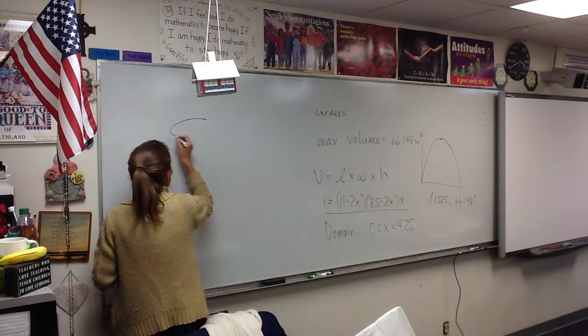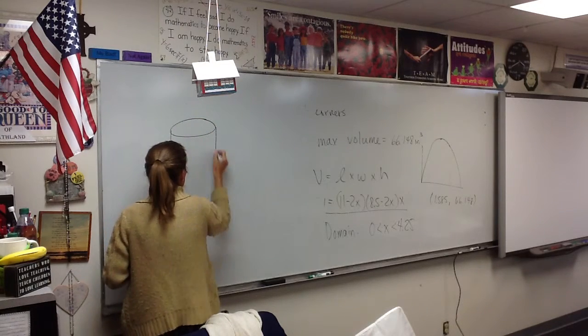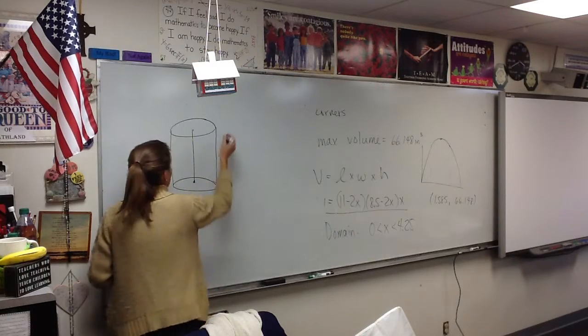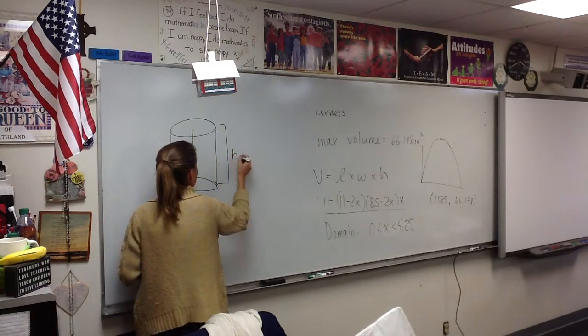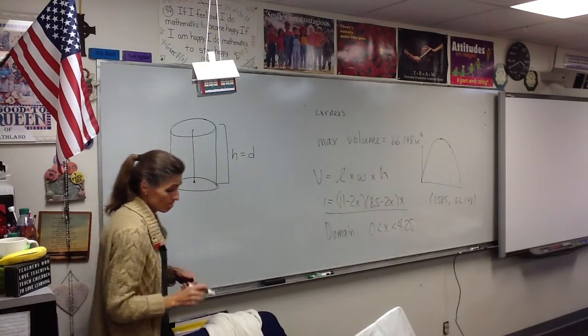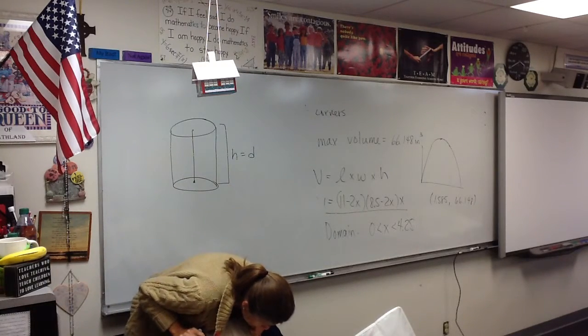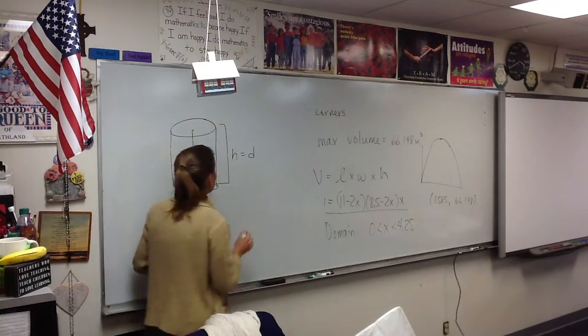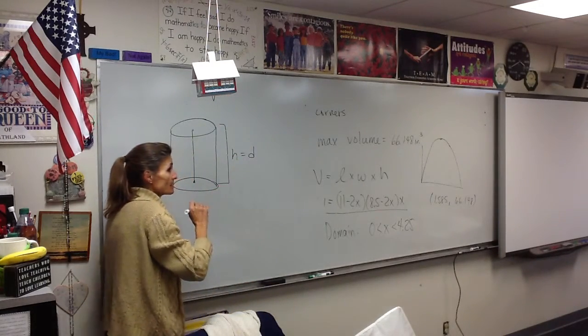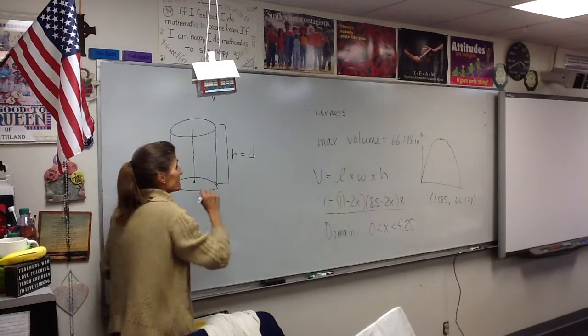Okay, so everybody knows what a cylinder is, right? There's a cylinder. And it says the height equals the diameter. Write the volume of the cylinder as a function of its radius.